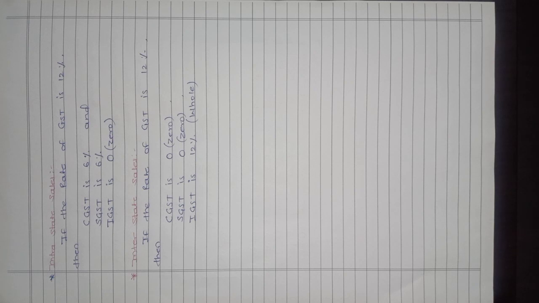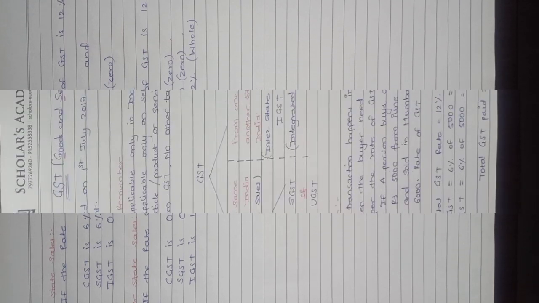In this case, IGST, that is integrated GST, is 0. But if an interstate sale happens and the rate of GST is again 12%, then CGST and SGST will be 0, whereas IGST is 12%, that is the whole.